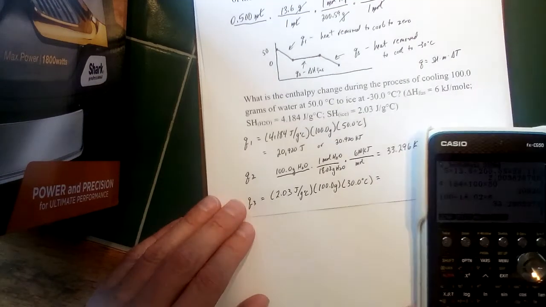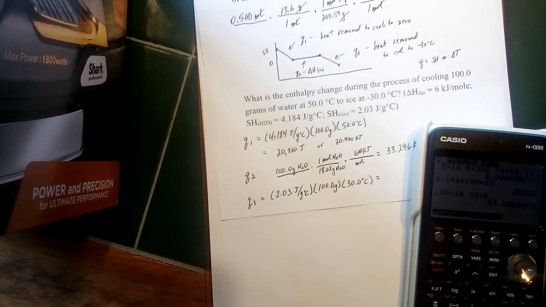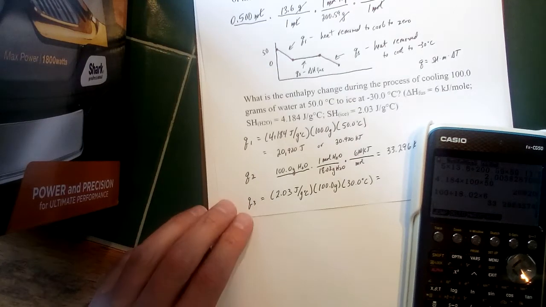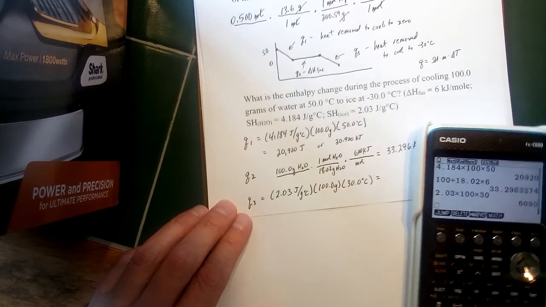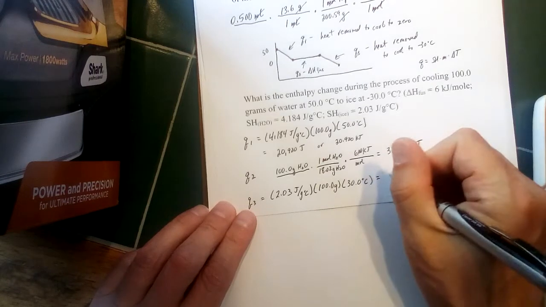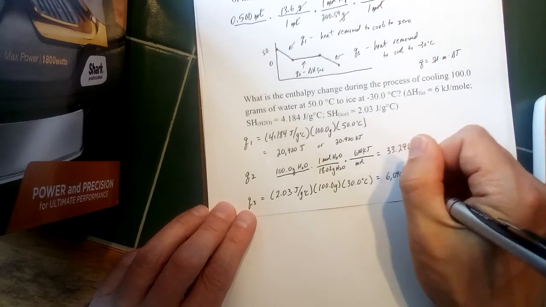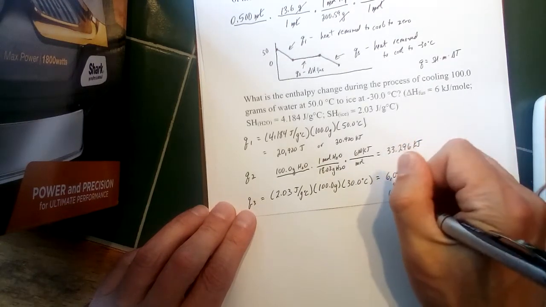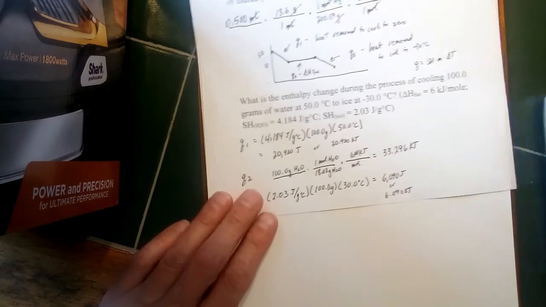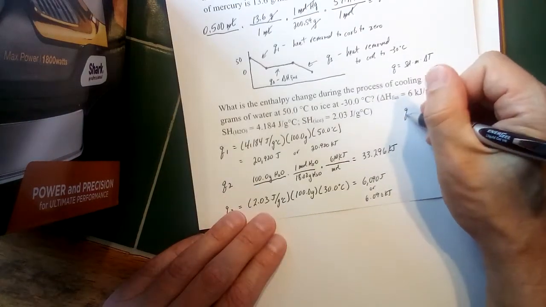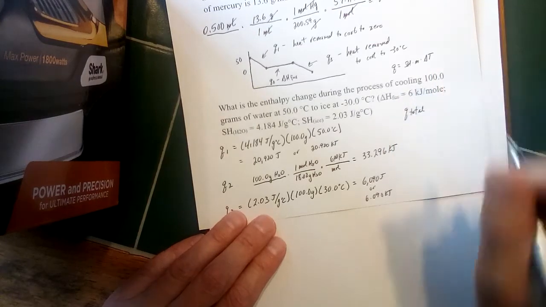And again, you could use a negative there, just that negative is indicating that heat is being removed. 2.03 times 100 times 30, right? This would be 6,090 joules, or 6.090 kilojoules.